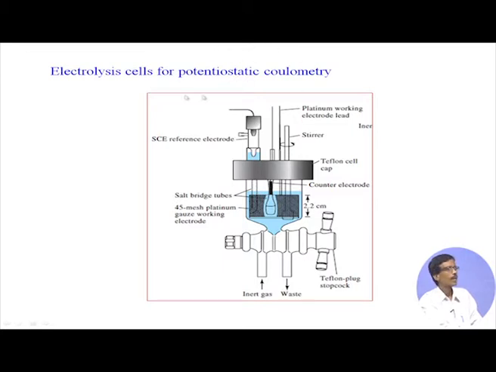This stirring condition is very useful, because coulometry is done under stirring, the whole solution has to be stirred, because the process is diffusion controlled. On the surface of the electrode, if the solution is not stirred, the analyte which is very close to your electrode mesh will be reduced, and the analyte concentration over here will not immediately reach your electrode surface.